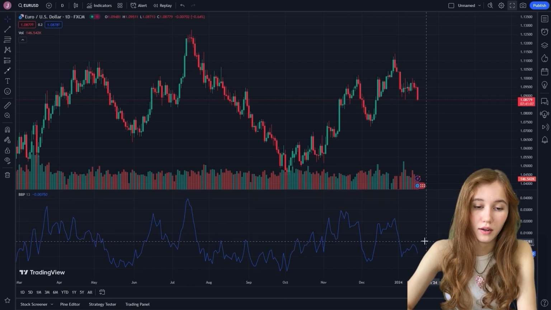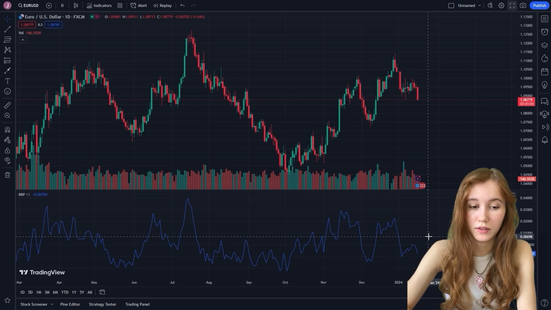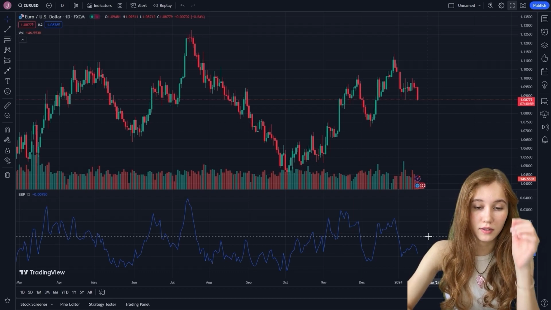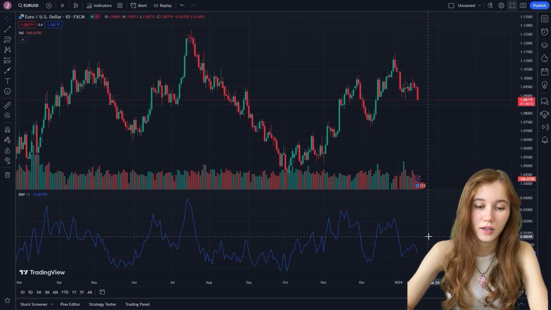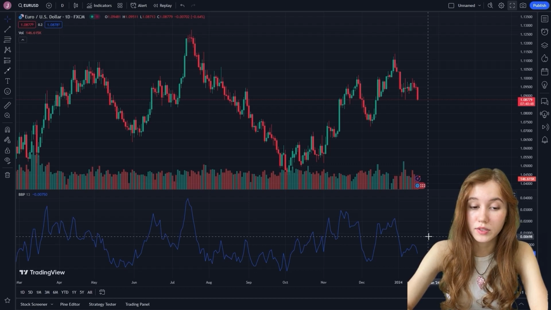So we have a trend in the market. Let's start with the indicator. The Bulls indicator and this one have the same principle.